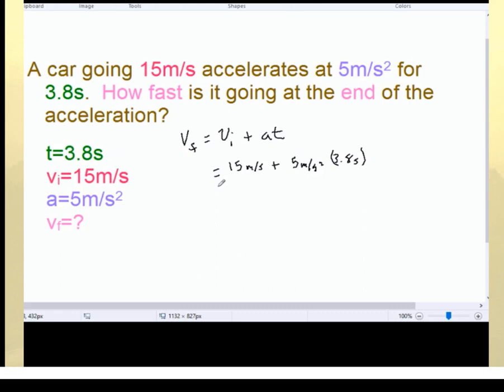Final velocity would be a speed, so that's what I want. And if I add those together, I get 34. So the thing would be going 34 meters per second, which is pretty fast, at the end of that acceleration.